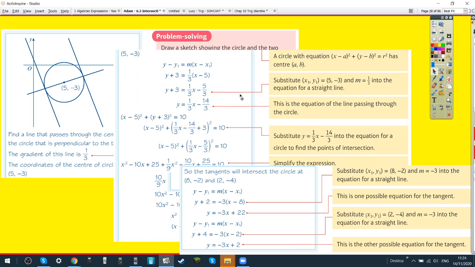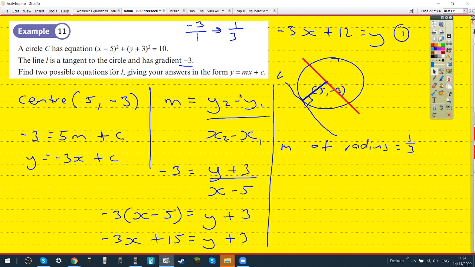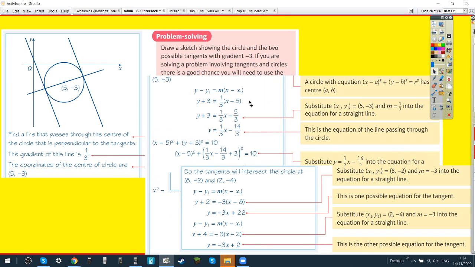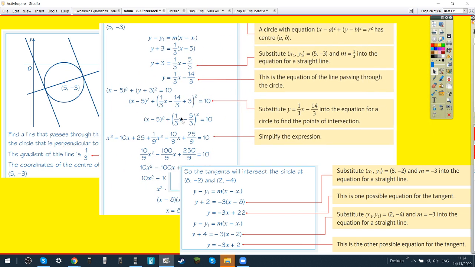The length of the radius. Is that what it is? So a circle has this equation. Radius is root 10.